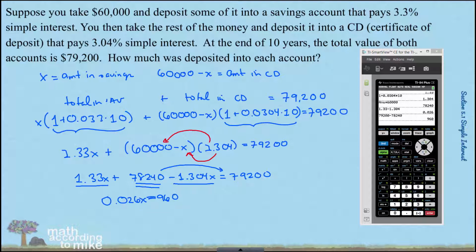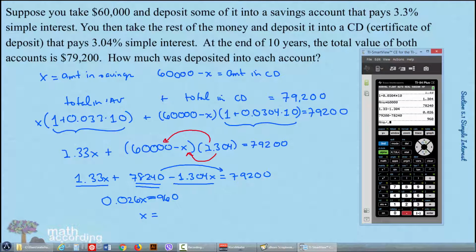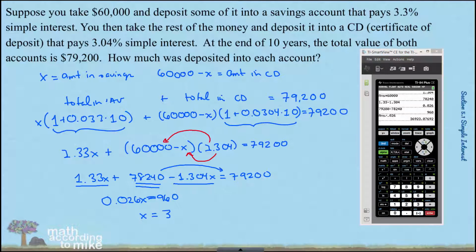Dividing both sides by 0.026, oops, that's a 3. We get $36,923 and we'll say 8 cents. So that's the amount in the savings.